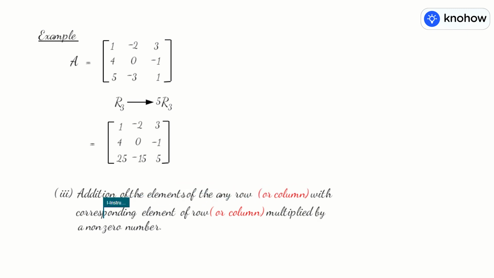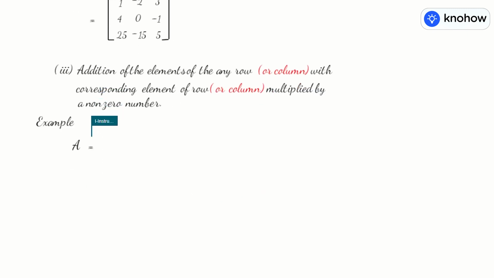For example, again, let's take an example. Let A equal to 1, negative 2, 3, 4, 0, negative 1, and 5, negative 3, 1.